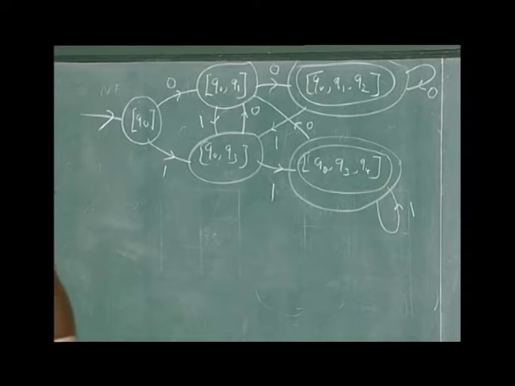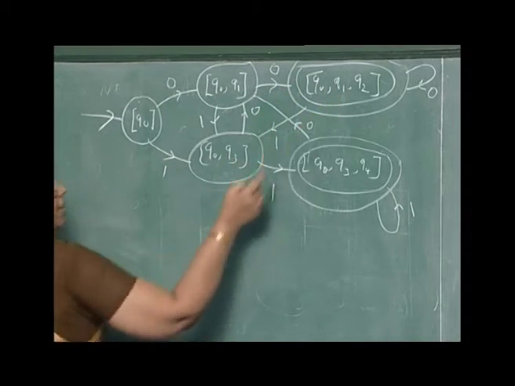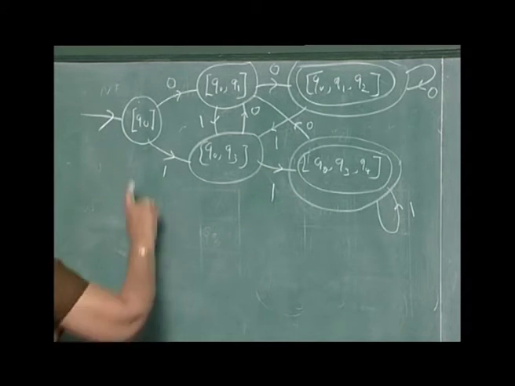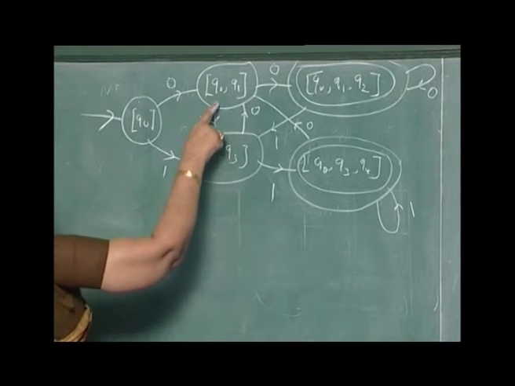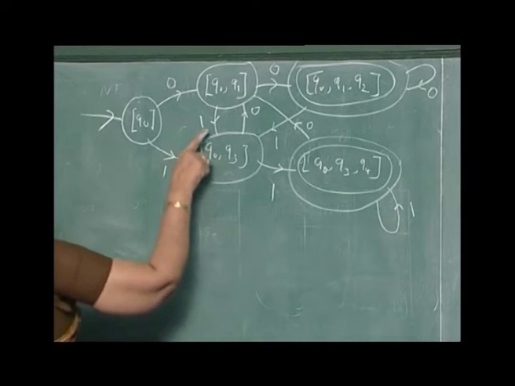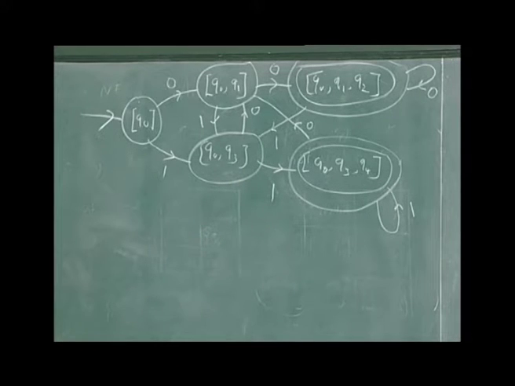Now, here again you can very easily see that if you get 2 zeros, you reach a final state. If you get 2 ones, you reach a final state. If you get some sequence and at the end if you get 2 ones, you will reach a final state.